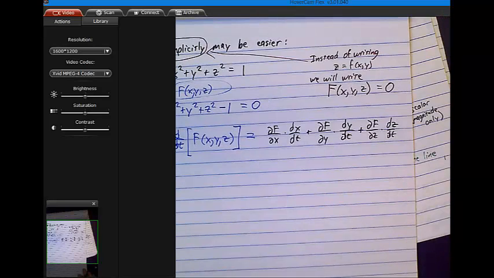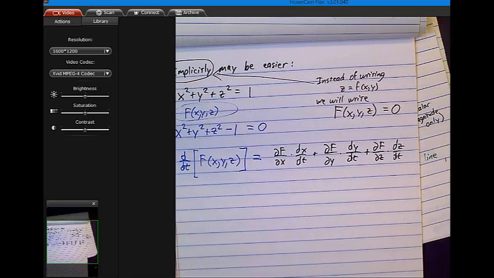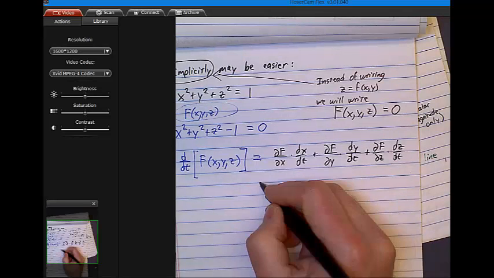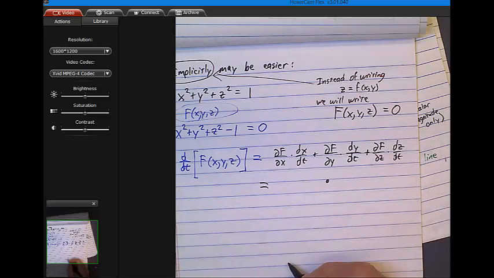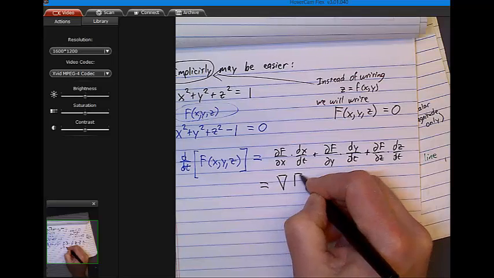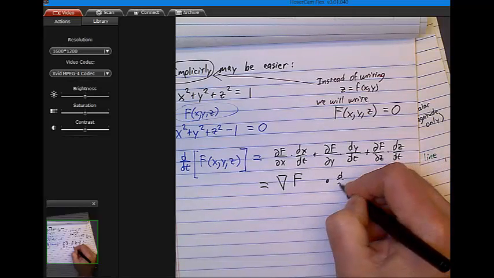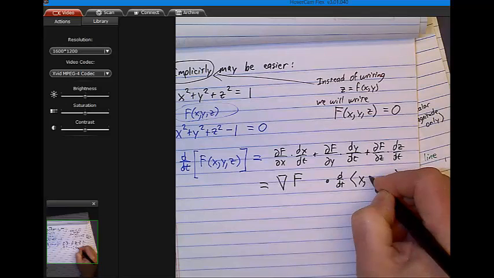Okay. And so the idea is that this is once again a dot product. What's it a dot product of? The gradient of big F, see that? Dot the derivative of x, y, and z.